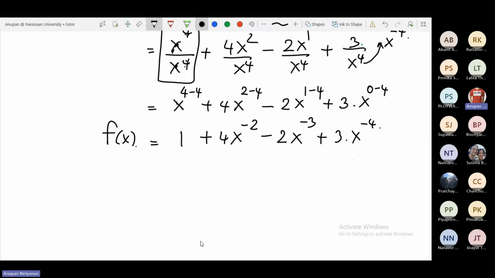And you can see that now your f(x) is in the form of a power of x for each term. So you can use the power formula.